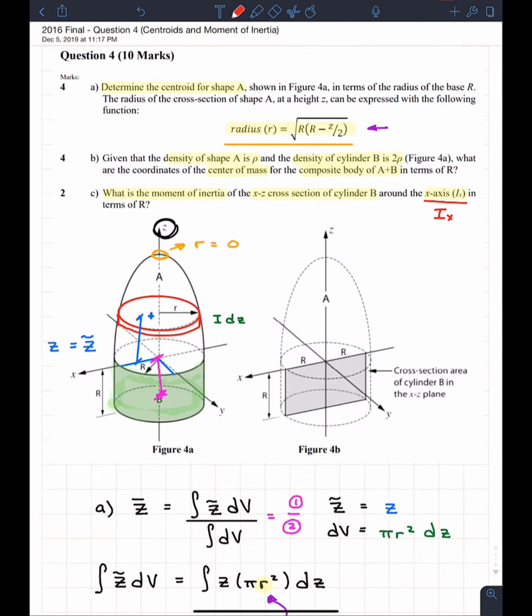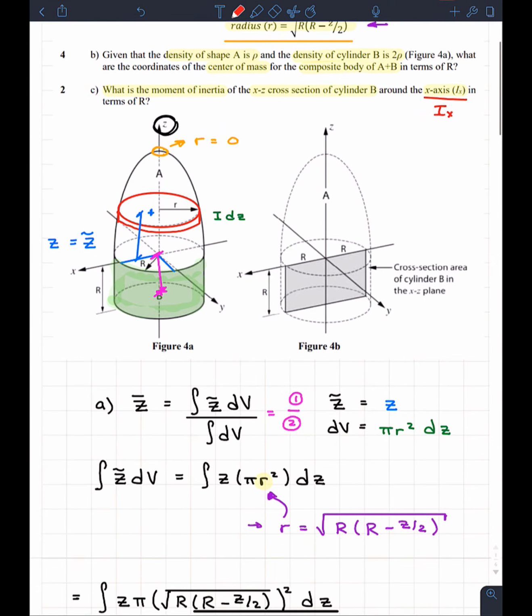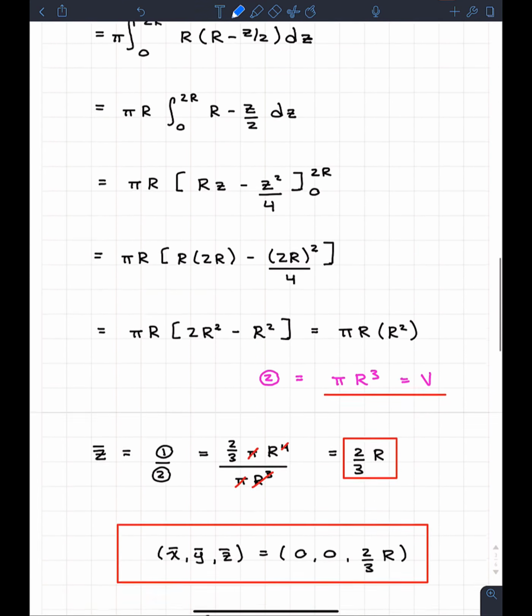And the second part is the XZ cross section. So we're not actually dealing with a 3D shape. We're dealing with a nice square, which is this right here. So what I recommend for this question is to just draw this shape in 2D to figure it out a lot easier.